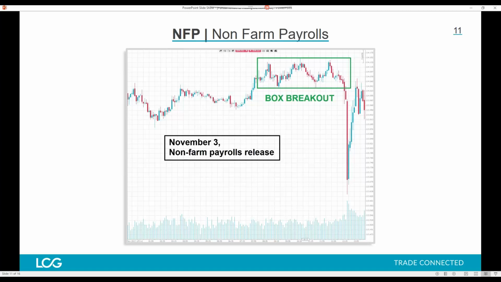You'll often see a sort of box, rectangle, consolidation range, however you want to call it, forming in the lead up as the big players sort of step out and don't drive the direction of the market anymore because they're waiting on this data release. So it gives you a pretty good flavor as to what's going to happen here, and oftentimes you can get a little breakout of the box before the data even comes out.